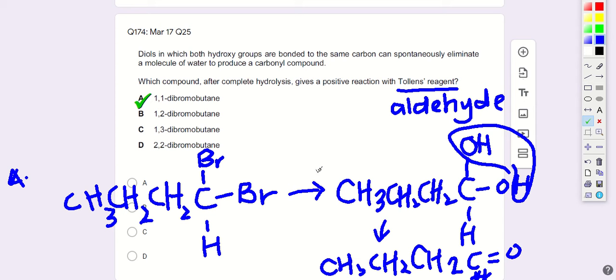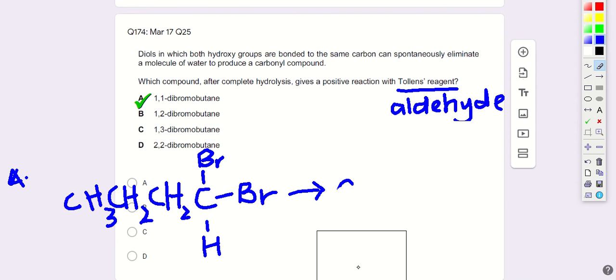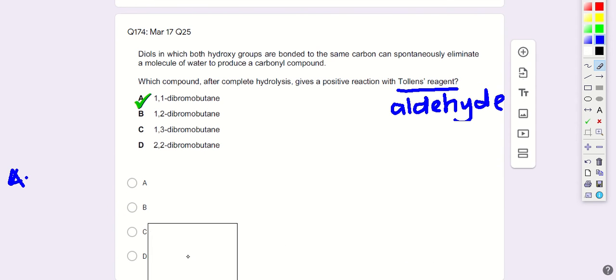As usual, we try to check other answers also. Now let's start with B this time. Okay, I'm going to erase this faster. Use a bigger one. Here, we look at B now. 1,2-dibromobutane.